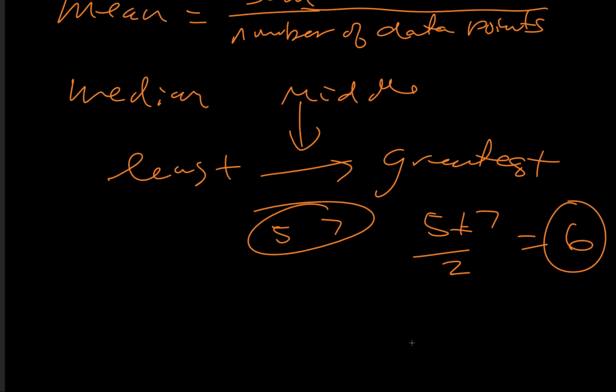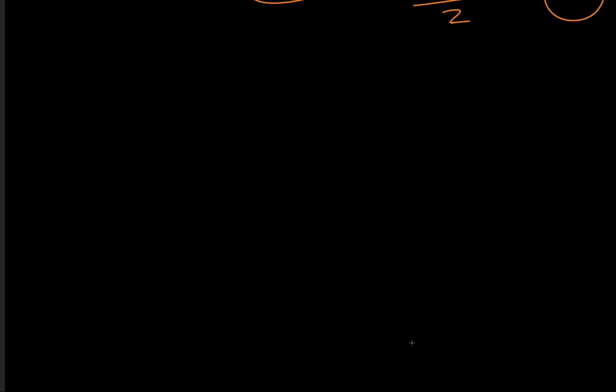Alright, so now we're going to look at example number 1. And we have a bunch of data, so let me write that on the screen. This is all single-digit data.